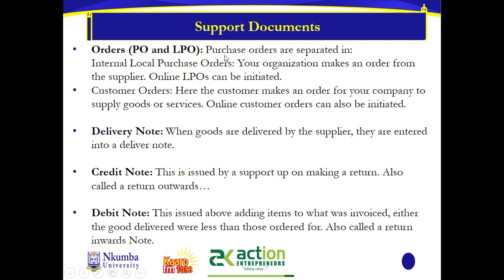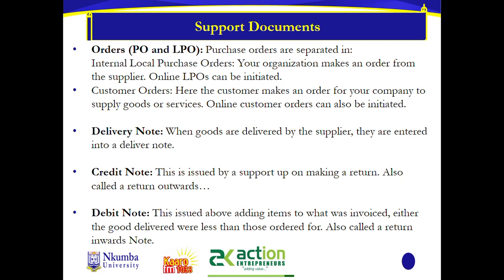These orders are also two-way. You can make an order, an LPO, initiated as an institution to other service providers or suppliers. Then when you make the order, if they have the items, they respond with an invoice. And when they deliver those items, they come with the delivery note.